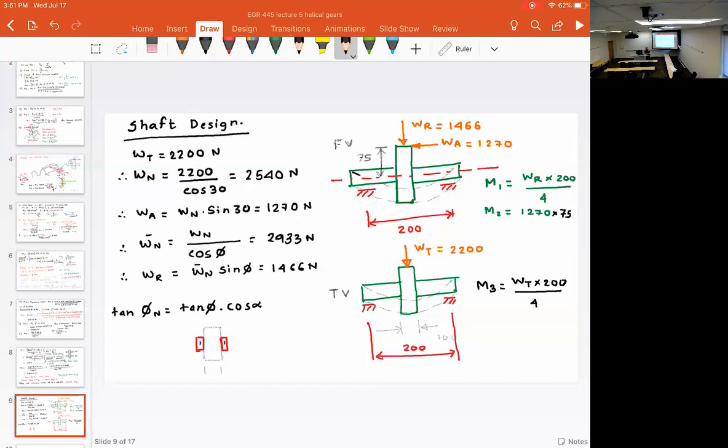This, which is counterclockwise. So in other words, the question I want to ask you is, how should I find out the resultant bending moments?